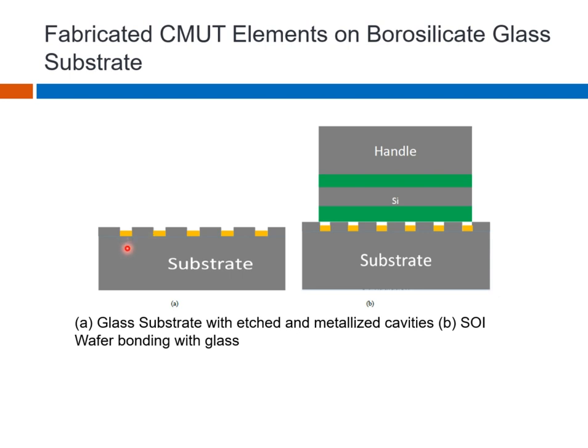and then you have deposition of metal. Then you do the lift off, and once the glass substrate is ready for bonding, you bond it to an SOI wafer, which has a finite thickness of a handle layer that has to be removed by RIE process. Then there is a stopping layer of buried oxide, which is removed by BOE.